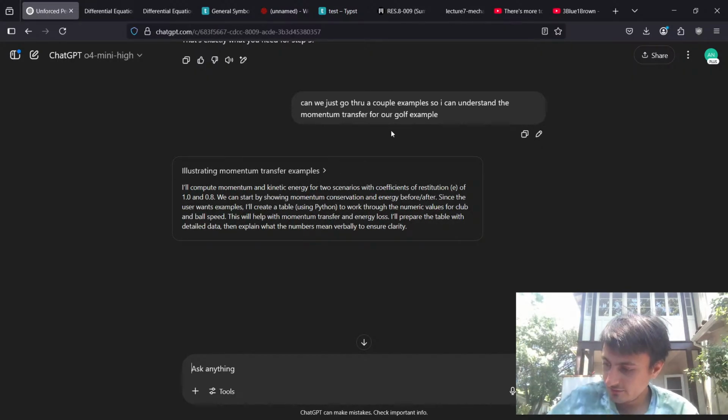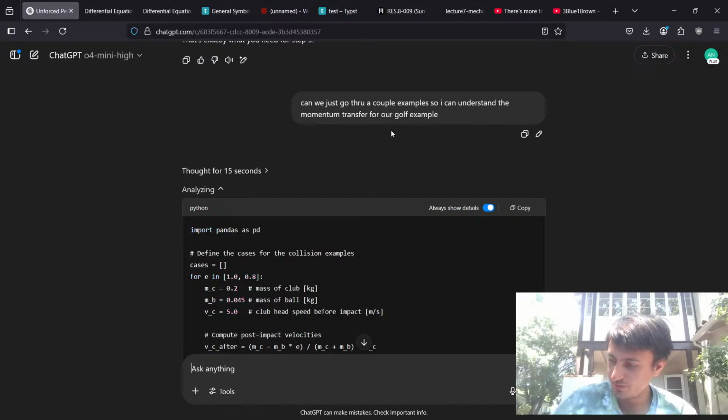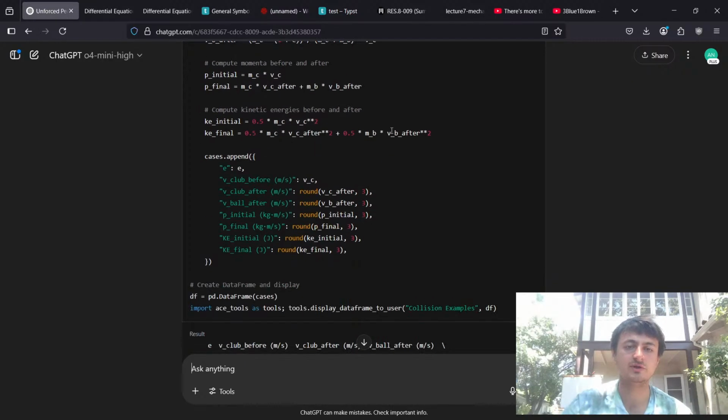Okay, so we have the club, which is, let's say, 0.2 kilograms, and then we have the block, which is 0.045 kilograms. Okay, this is moving at a velocity of 4.4 meters per second. It's like, why is it doing all of this, man?